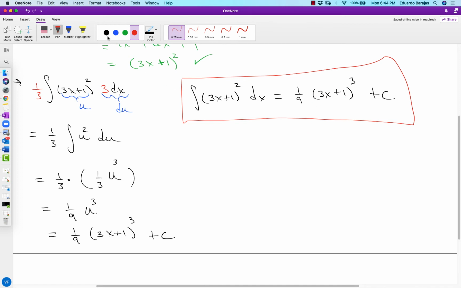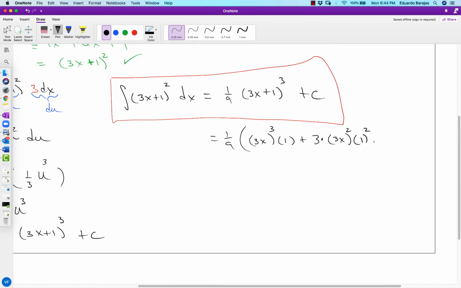If we expand this, we end up with 1/9, and then expanding this right here will get us to the following: (3x) to the power of 3 times 1 plus 3 times (3x) to the power of 2 times 1 to the power of 2 plus 3 times (3x) to the power of 1, and then 1 to the power of 3.